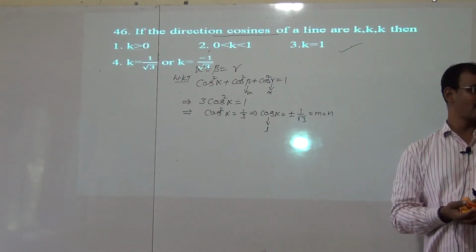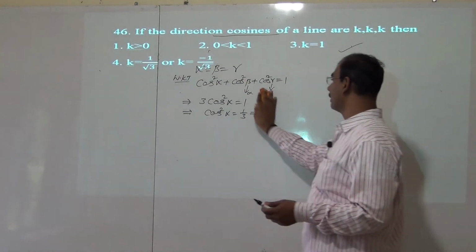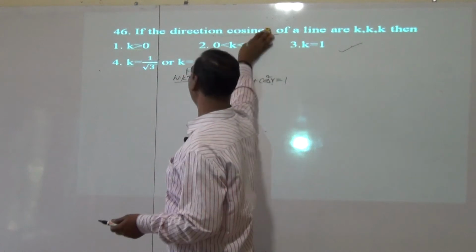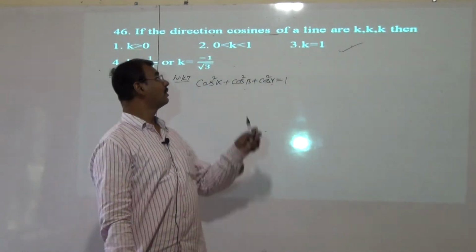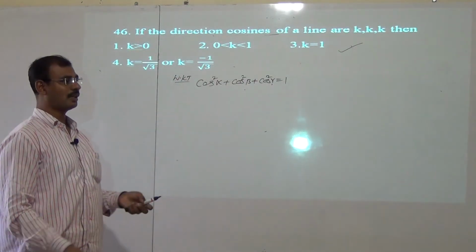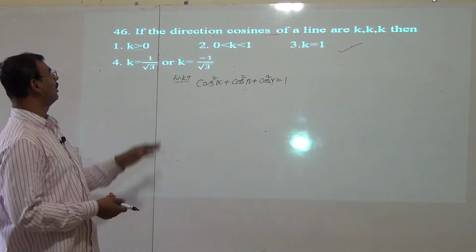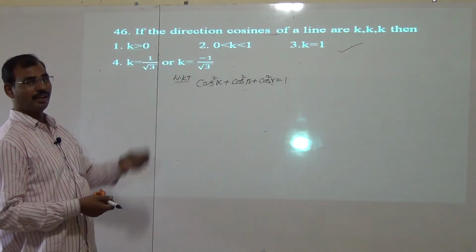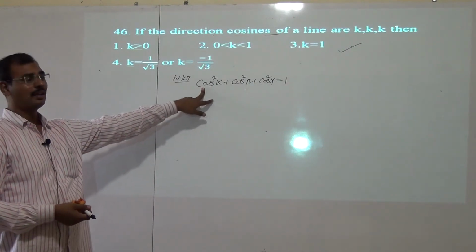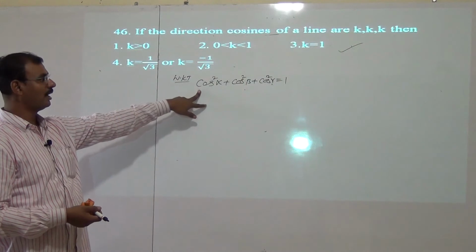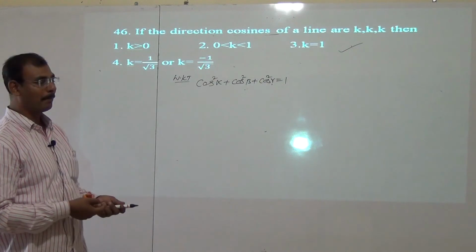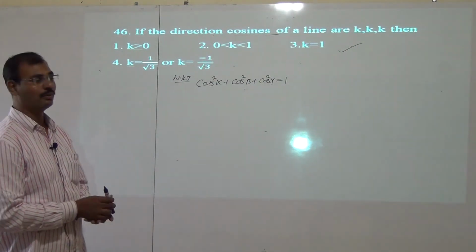Next problem, observe that. The direction cosines of a line are k, k, k. Then which is the suitable condition? So to find out the k value, we know the relation in terms of direction cosines. The relation between direction cosines of a line is cos square alpha plus cos square beta plus cos square gamma is equal to 1.